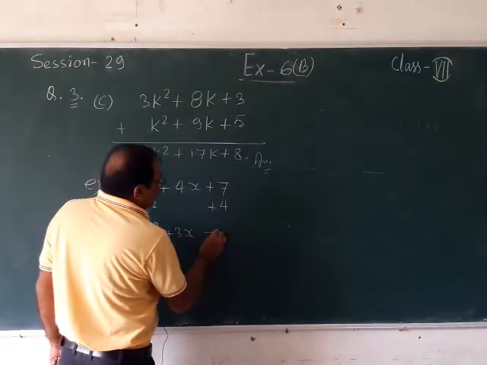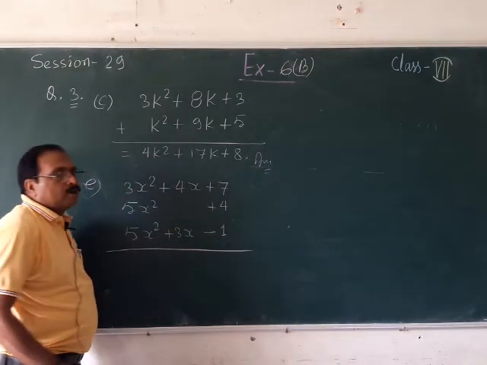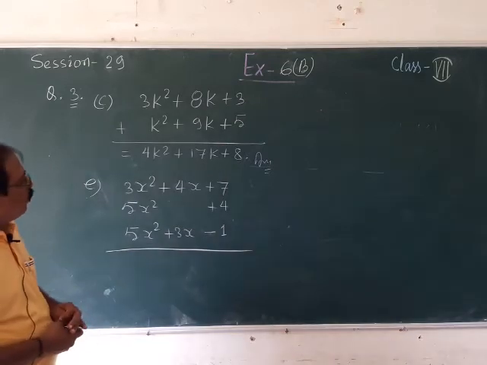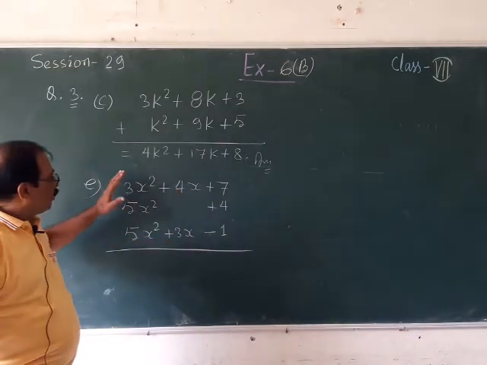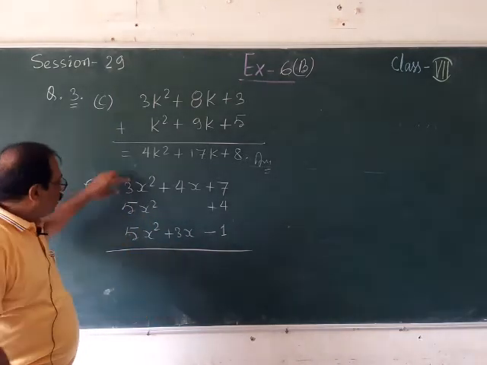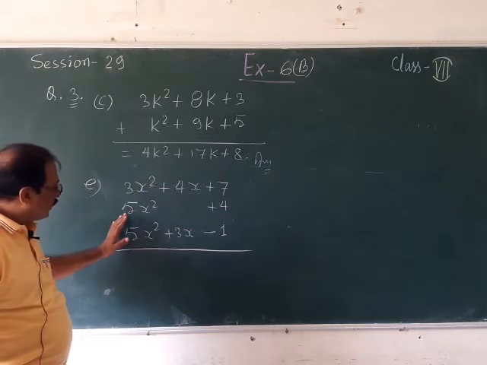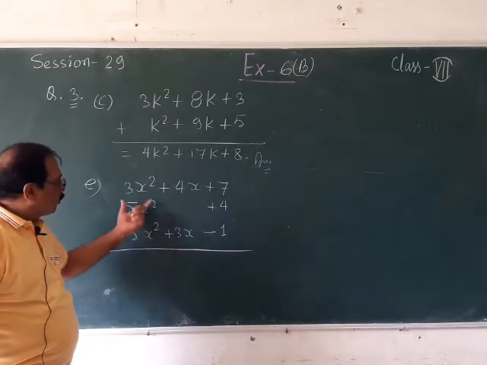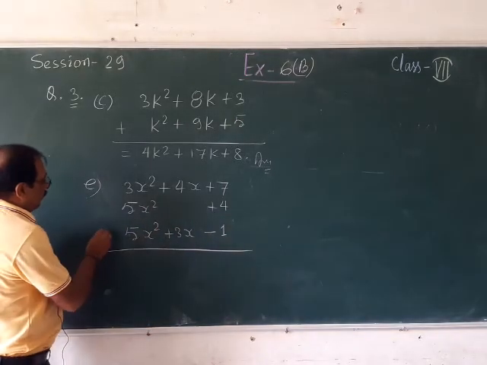There are three polynomials. First you write the first polynomial, then you check the like terms and arrange the given polynomials, keeping one by one the terms which are like terms beside each other, arranged properly, then start to add.